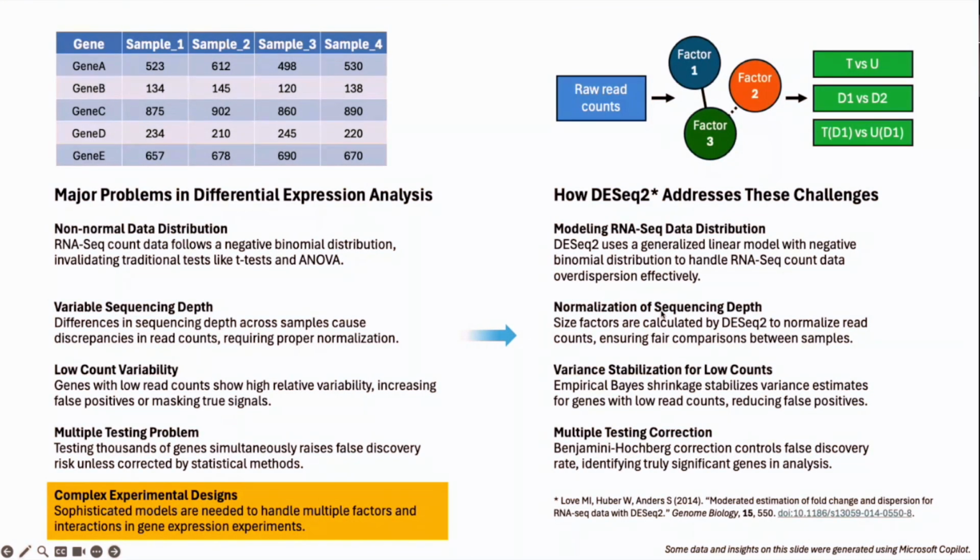When we deal with differential expression analysis, we have major problems to solve. Luckily, most of them can be solved by the DESeq package, and that's the reason why we use it.